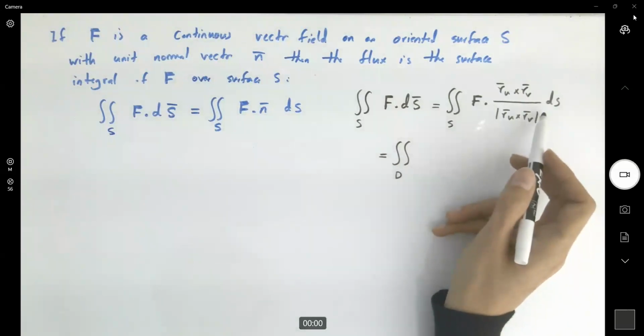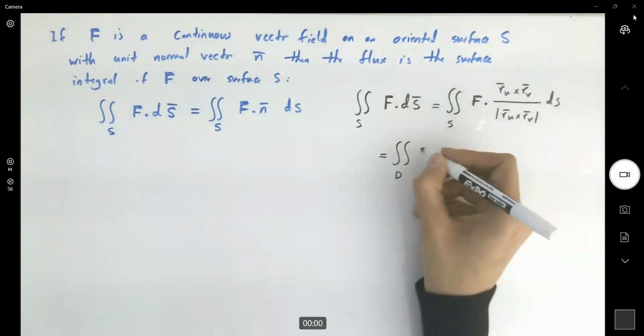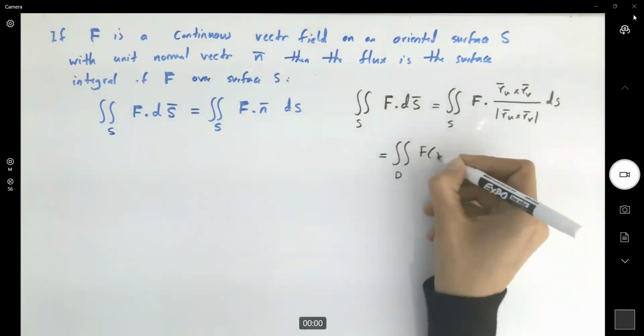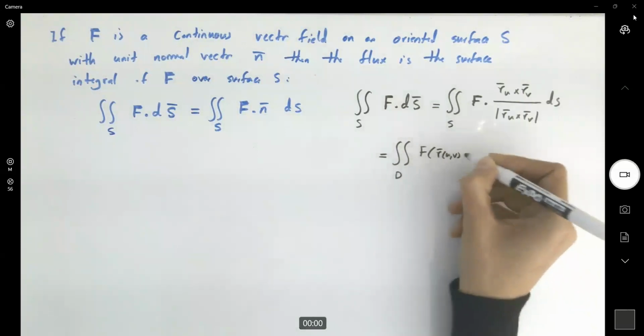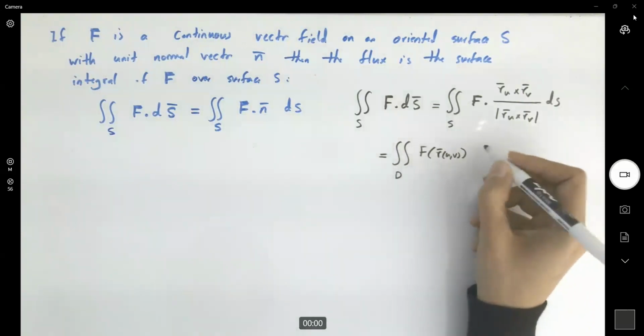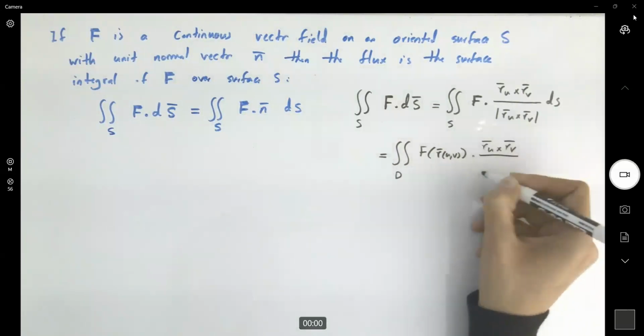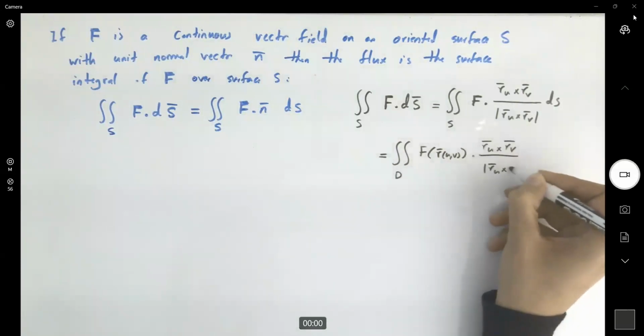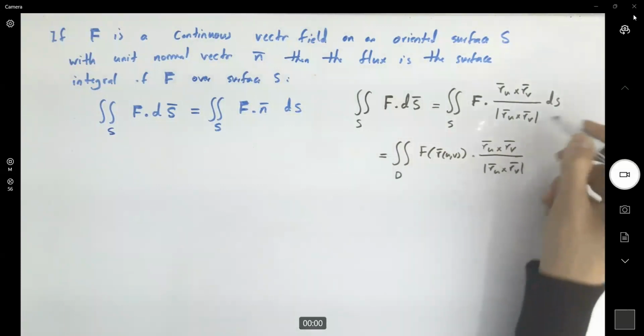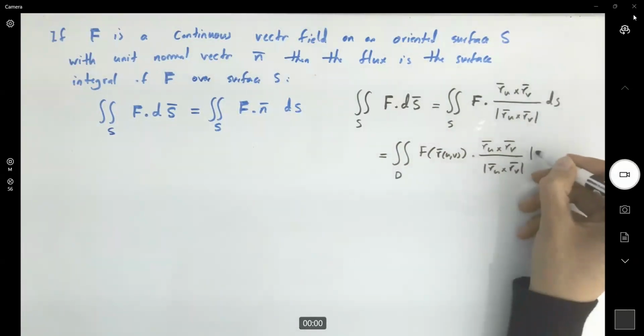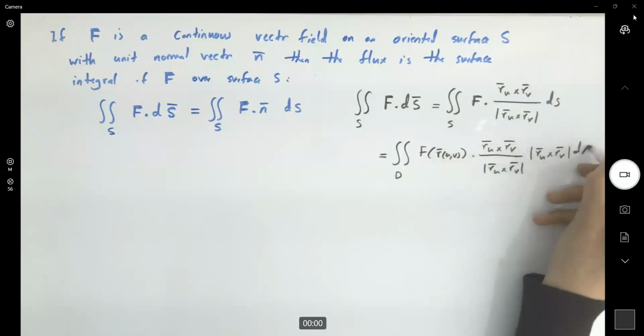you have F of r in parameter u and v dot Ru cross Rv divided by its magnitude, and dS is the magnitude of Ru cross Rv dA.